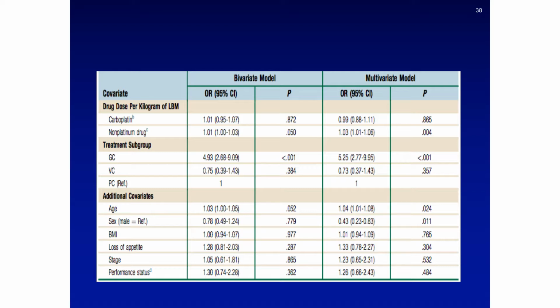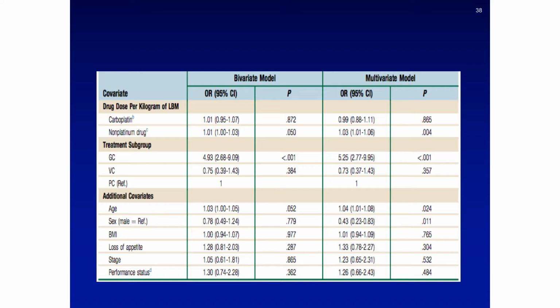And from a medical oncology, clinical pharmacology perspective, I think this is because, for whatever reason, carboplatin synergizes with gemcitabine to a great extent.